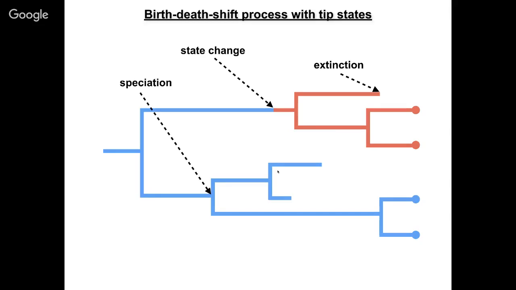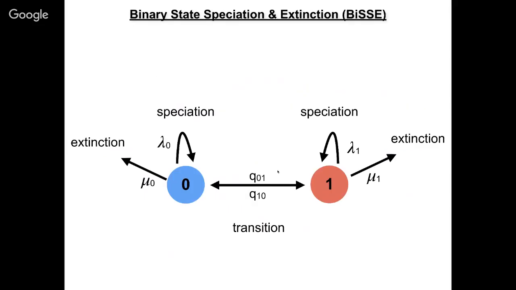Now we're not talking about rate shift events anymore, but about state changes. But it doesn't really matter from our modeling perspective. These are sort of the same thing: it's a state change if you have observed states, or it's a rate change if you don't know what has happened there. So in the binary state speciation and extinction model, we have only two categories.